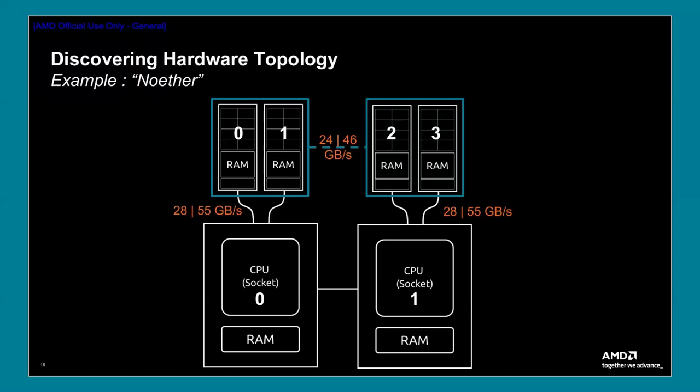If I were to do copies anywhere on that left half of my system, this would be equivalent to our message passing: 28 gigs per second unidirectional, or 55 gigs per second bidirectional. If I stay on the right side, I get the same thing. And then if I want to cross from one NUMA domain to another, I should expect to take a little bit of a hit. This is a good mental picture to have when you're going into things.